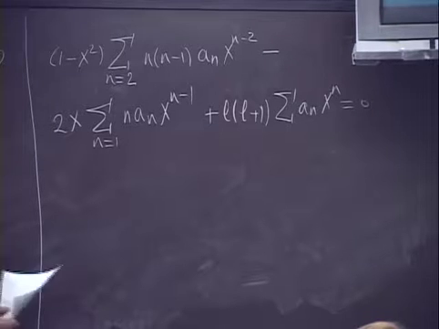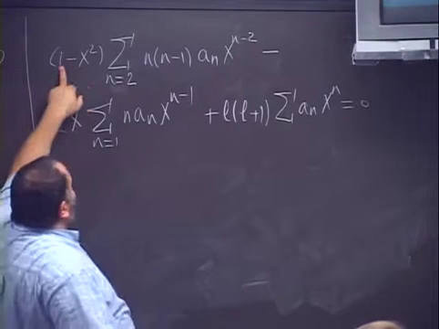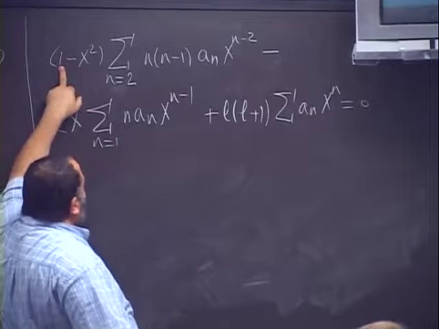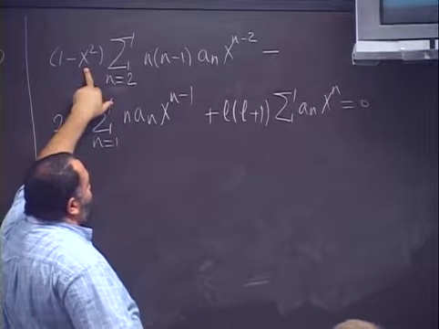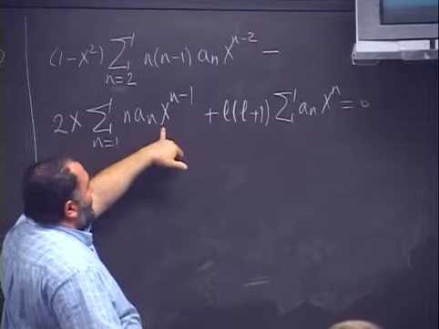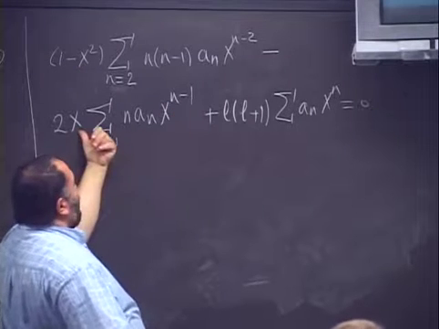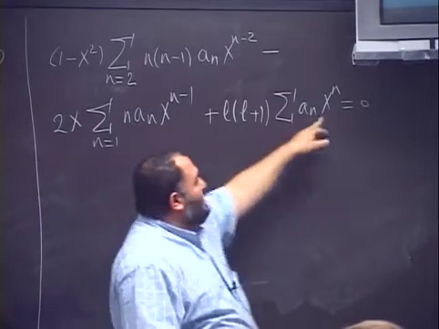Here we have x to the power of n minus 1, but when you multiply it by x, you will have x to the power of n. And the n minus 2 term, multiplied by the x squared, will eliminate the minus 2, so it will be x to the power of n, and here you will have x to the power of n again, because n minus 1 multiplied by 1 is x to the power of n.